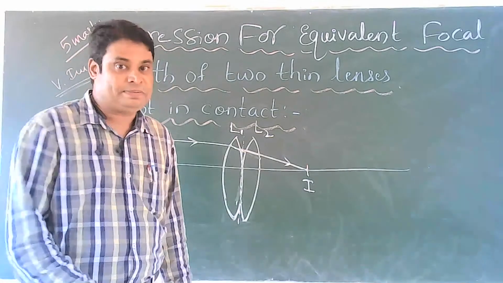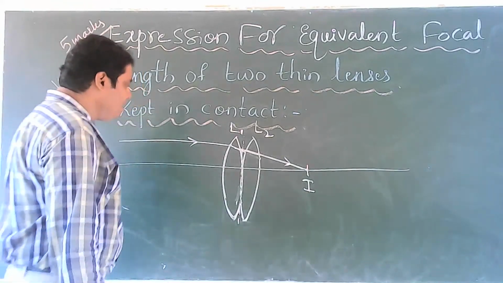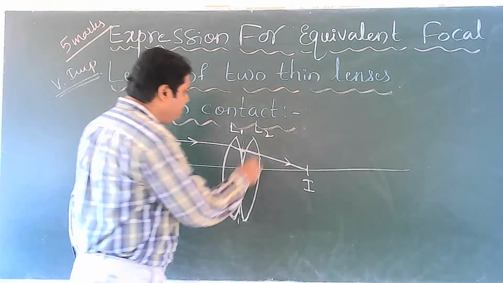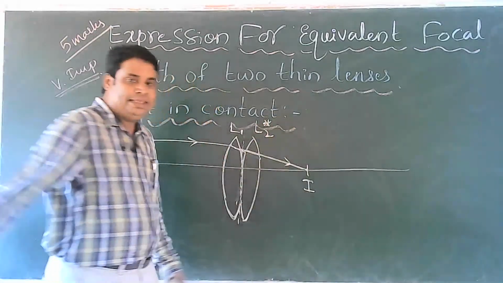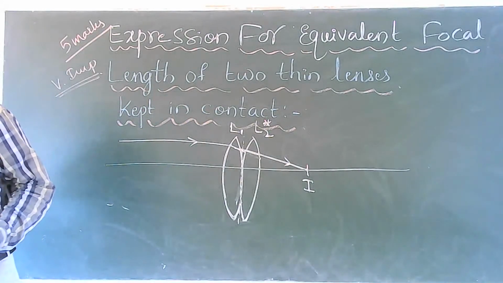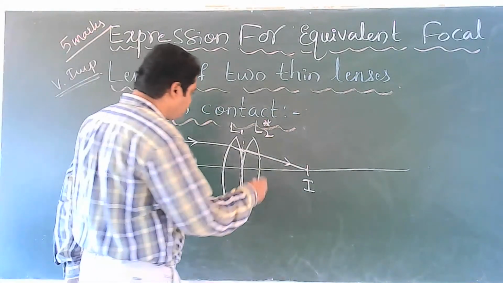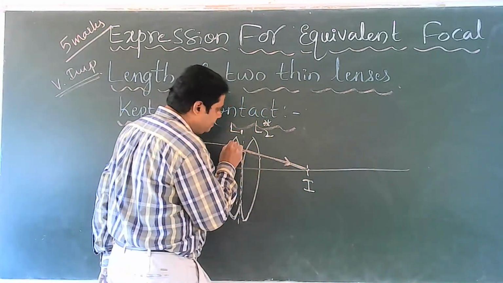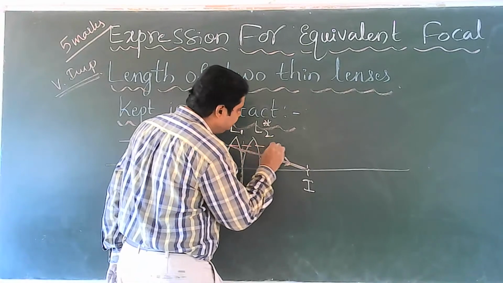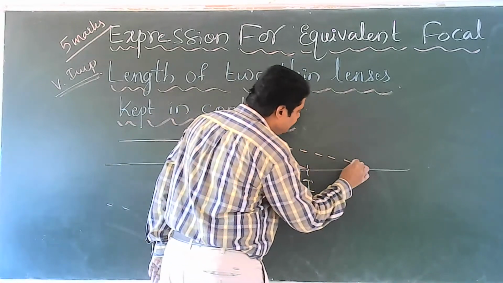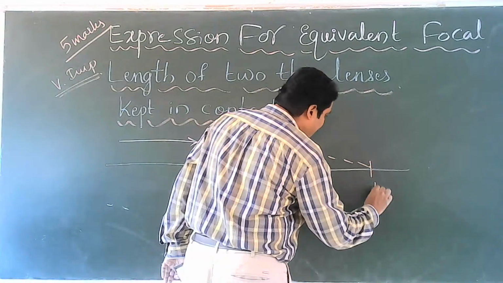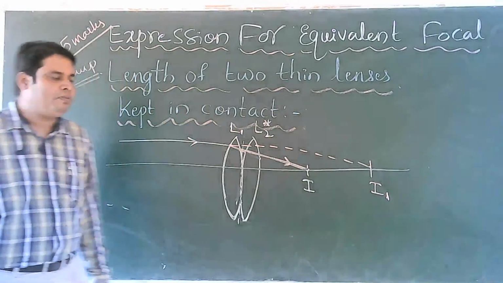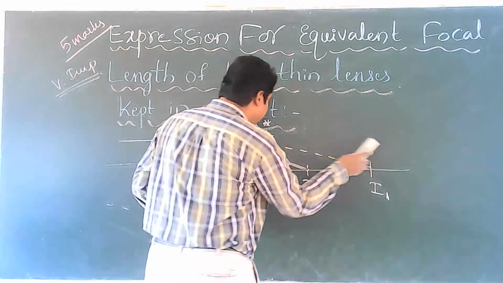Similarly, as in the case of the lens maker's formula, let us imagine the absence of L2. In the absence of L2, the ray will travel this distance and form an image I1 exactly here.